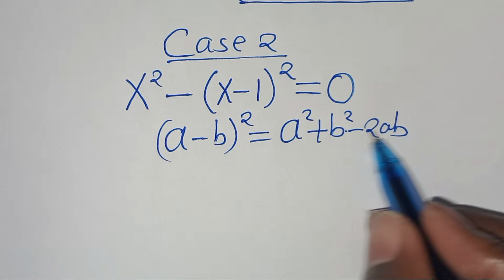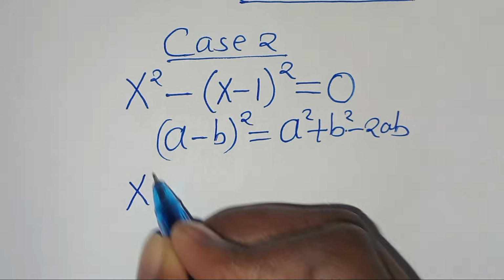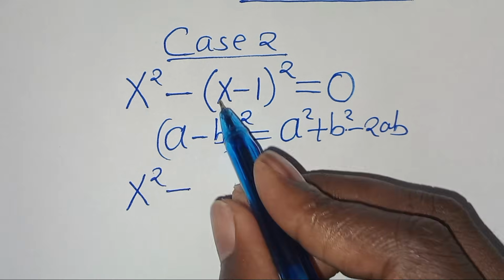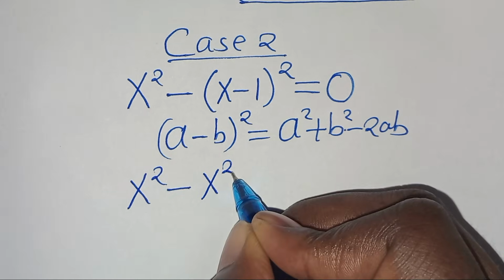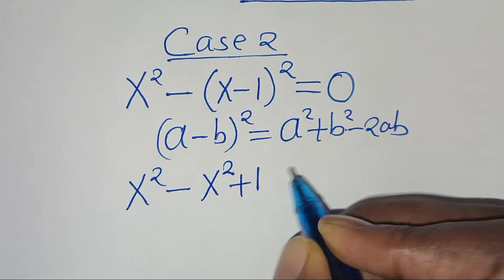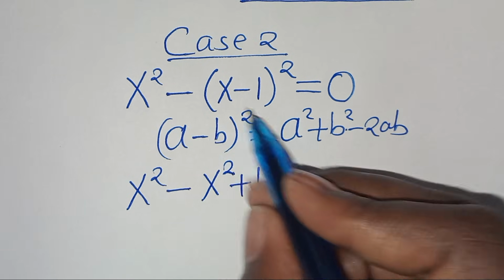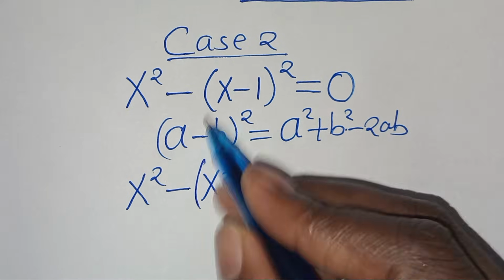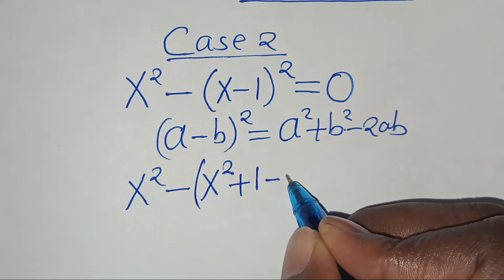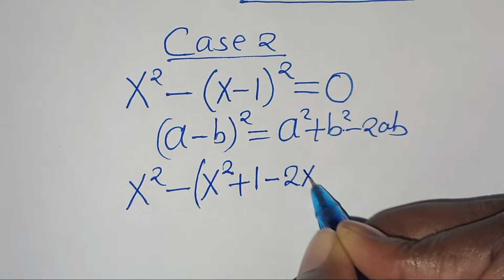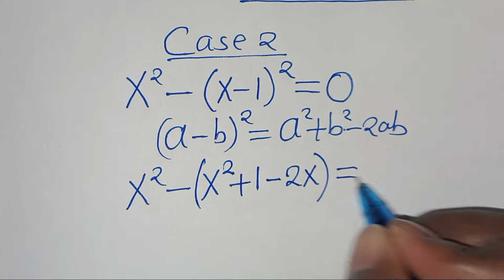Applying this algebraic identity, here we have x squared minus x squared, then plus 1, then we have minus 2x. This is equal to 0.